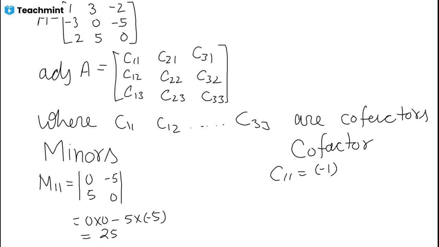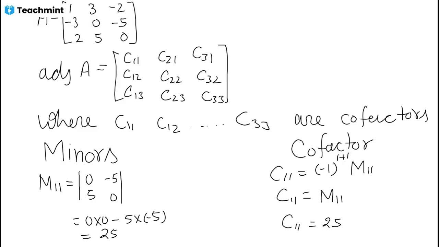Every time we'll add these numbers: minus 1 to the power 1 plus 1 into M11. So remember always, if we have even power of minus 1, then we'll get positive. If we have odd power of minus 1, then we'll get negative. So C11 is 25.